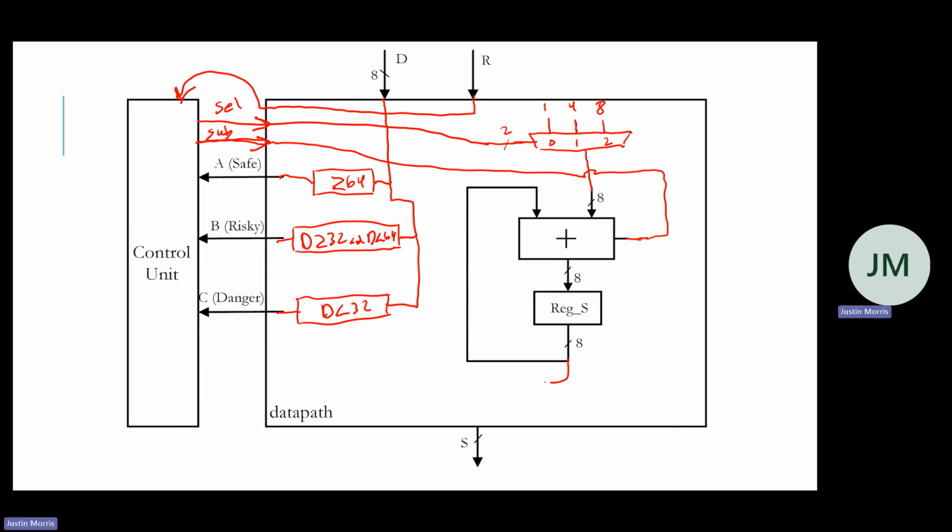We're not outputting anything right now. Right? Now we're outputting. Okay. We have our three comparators. We have this mux to select if we're going to add 1, 4, or 8, and then we have the control for the adder to tell us if we are going to add or subtract. So this is our data path, and it's also connected to control. Right?